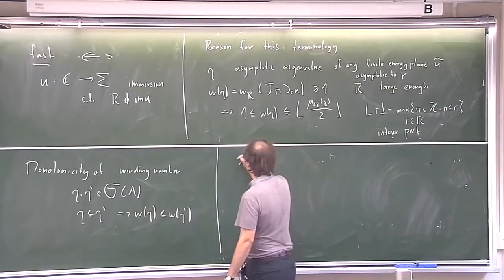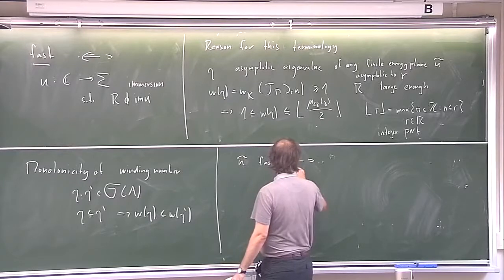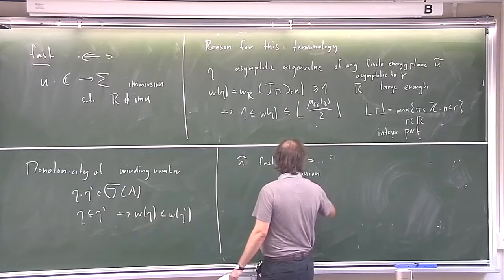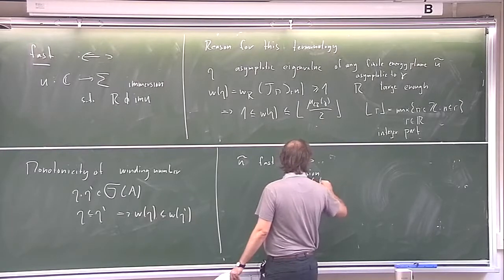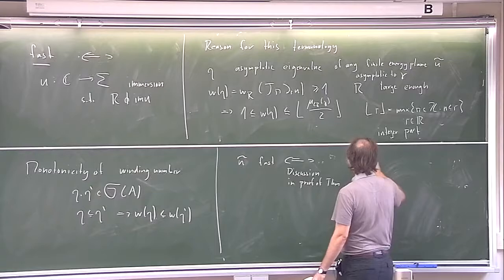and if u tilde is fast, then by the discussion in the proof of the theorem, the winding number of delta is 1.